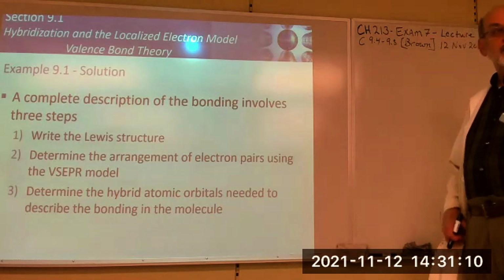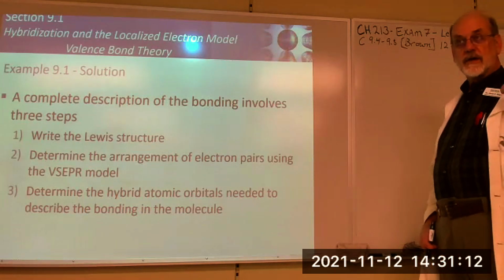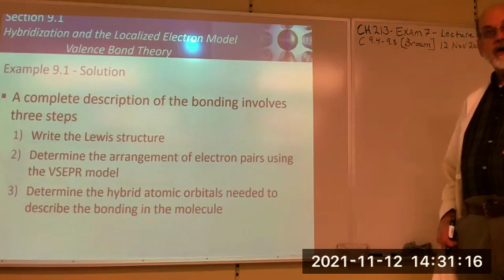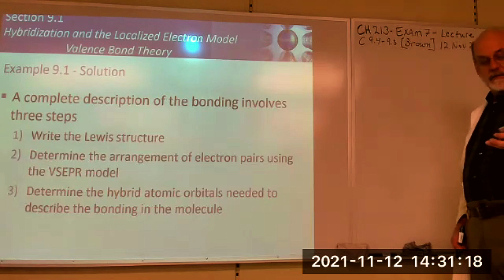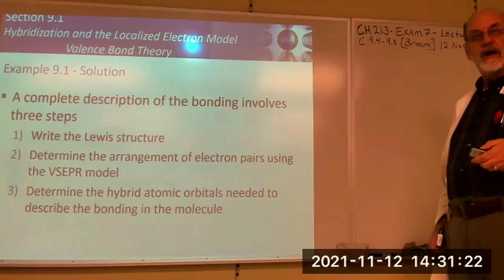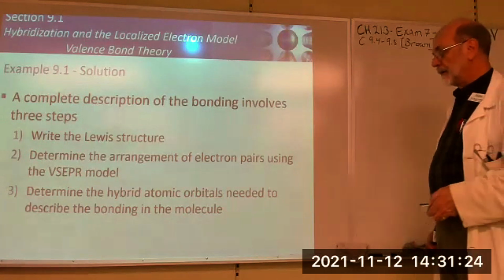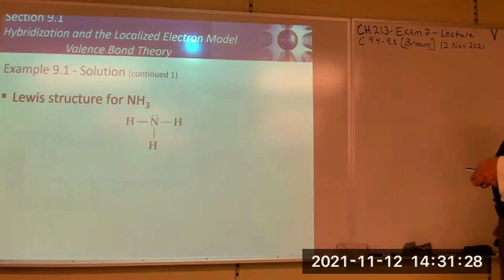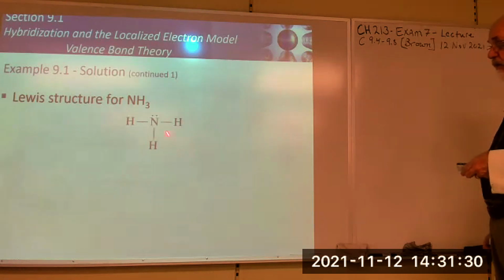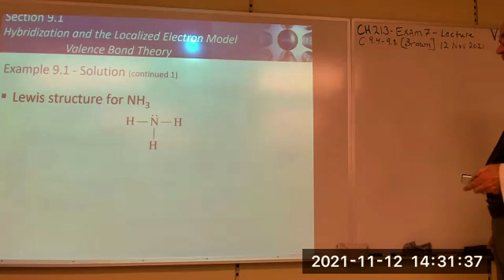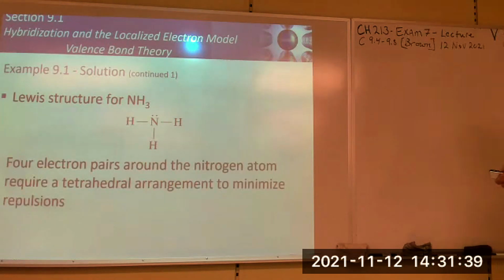Hybridization isn't necessarily restricted to the orbitals that are going to be involved in bonding. It can also involve lone pairs, right? Orbitals that are occupied by non-bonding electrons. So in this case, where we have ammonia, we draw the structure, we find that we have a tetrahedral electronic structure, right?